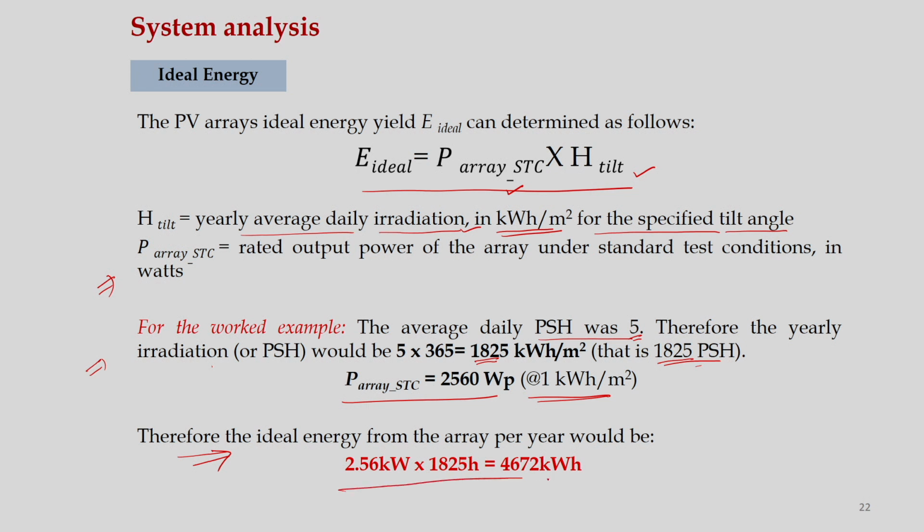This will be 2.56 kilowatt, because this is watt peak, multiplied by 1825, which is 4672 kilowatt hour. That way we can calculate the ideal energy from the array per year, which will be equal to 4672 kilowatt hour in this exercise.